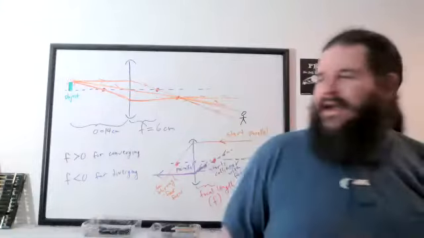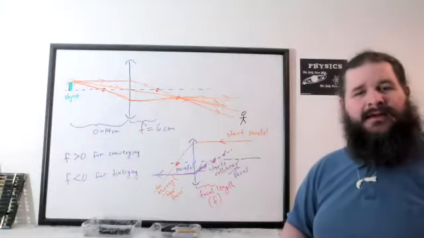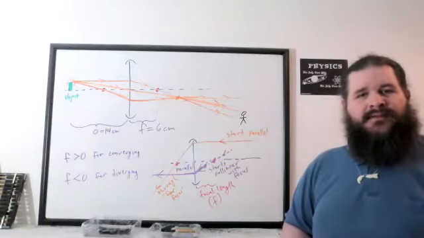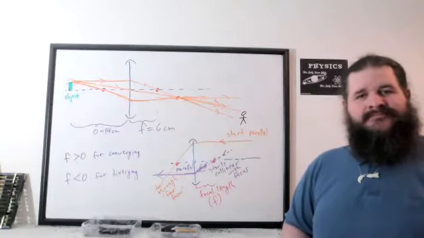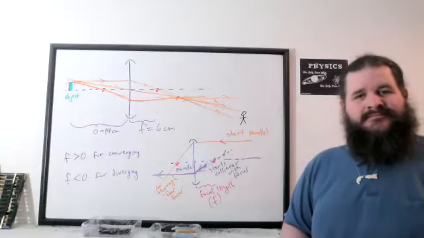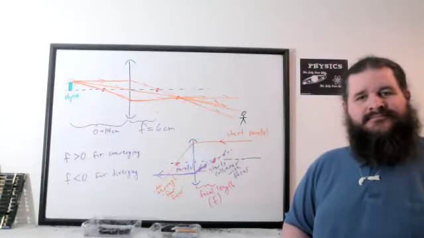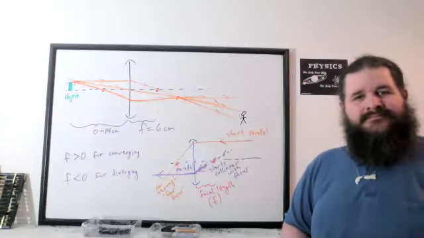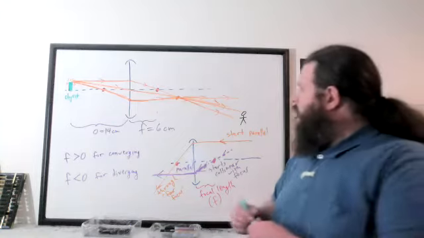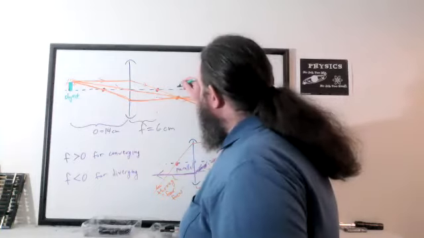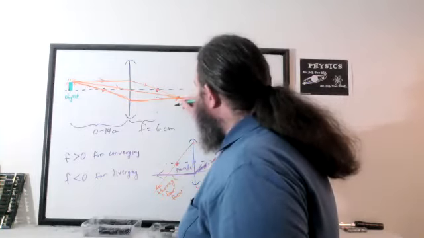So what do we call that point that all the rays of light seem to be coming from? Yeah, that is the image. This location right here is the image of the object.